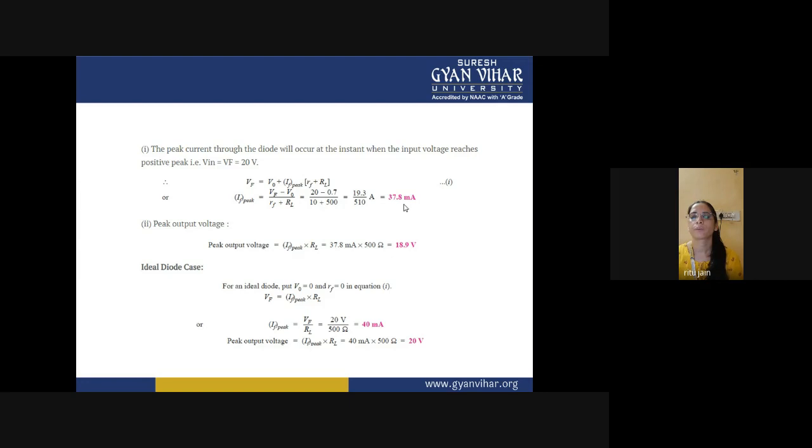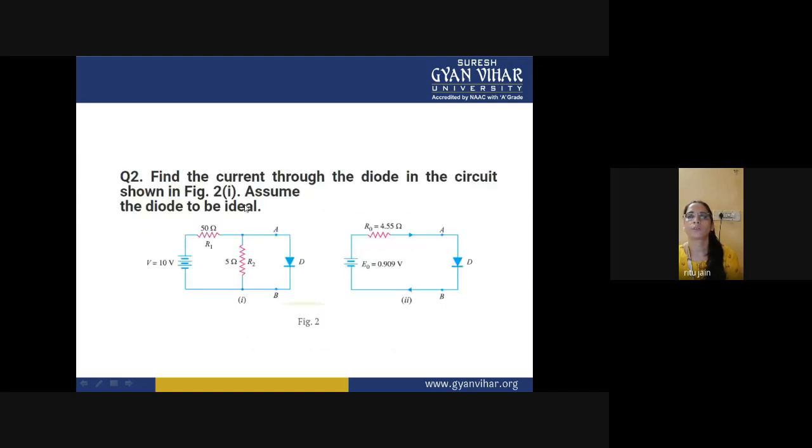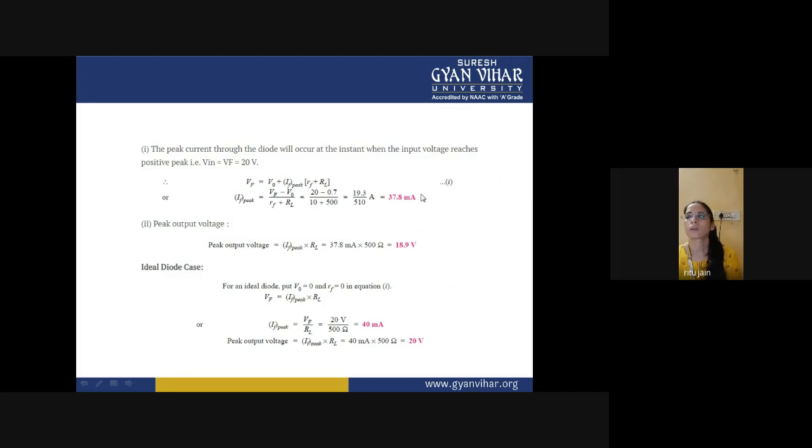Peak output voltage is IF peak into RL, which is 37.8 milliamperes into 500 ohm, equal to 18.9 volt. From the previous equation you got the value of the forward peak diode current, which is 37.8 milliampere.